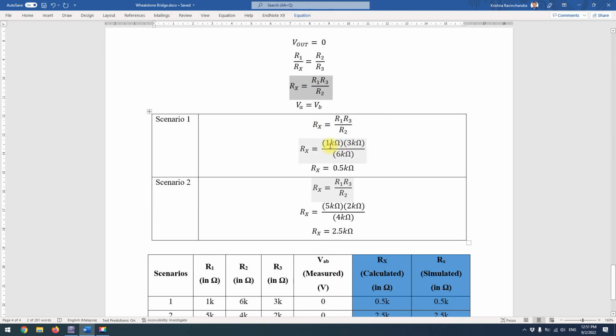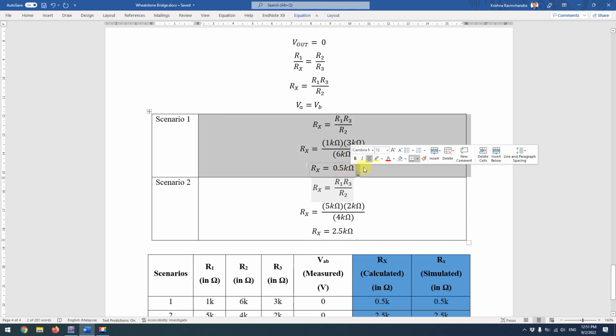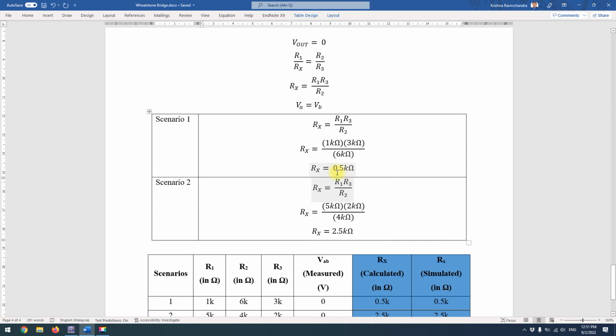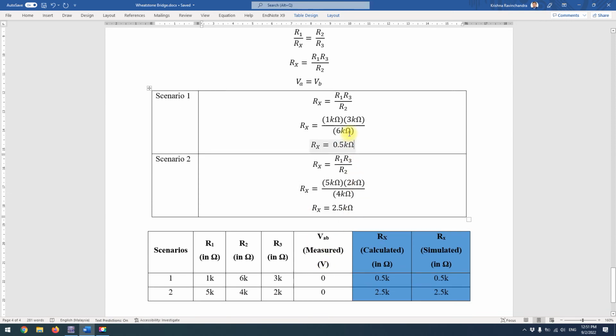When I substituted, I get 1K multiplied by 3K divided by 6K. So I get 0.5K. So Rx needs to be set at 0.5K in order for the VAB measured to be 0. So as you can see, calculated.